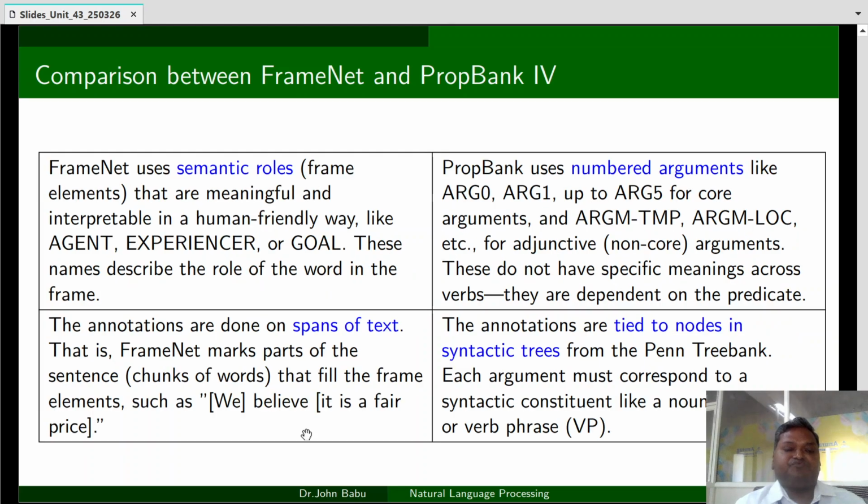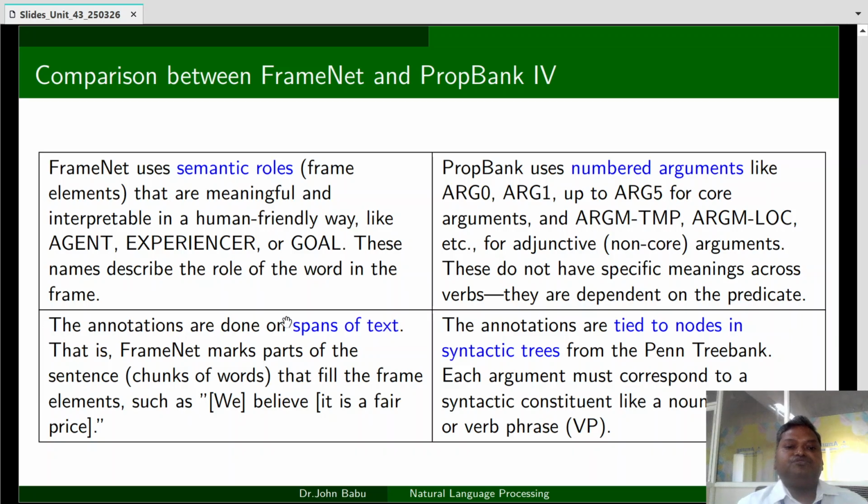It is domain specific. FrameNet uses semantic roles like agent, experiencer, or goal, whereas PropBank uses arguments like Arg0, Arg1, and core arguments, and then adjunctive arguments like temporal, location, discourse, extent.